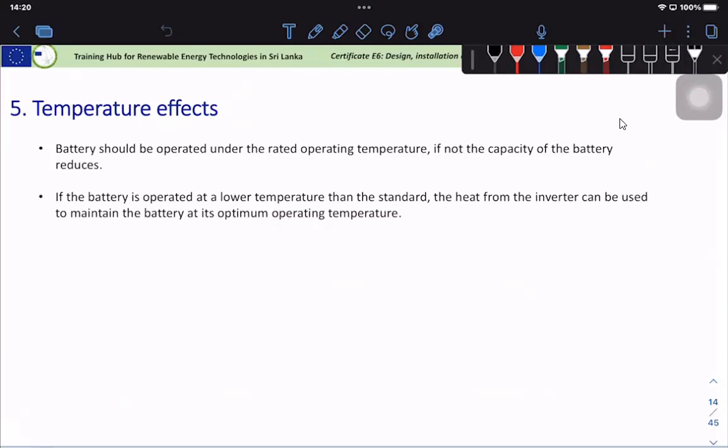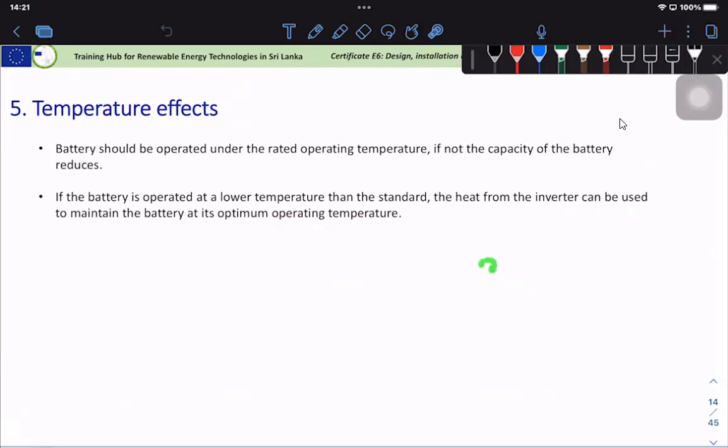And another thing is, let's say you are using the battery in a lower temperature than specified. In that case, you can use the heat from the inverter to heat the battery pack. Okay, so this is mostly suitable for cold countries.